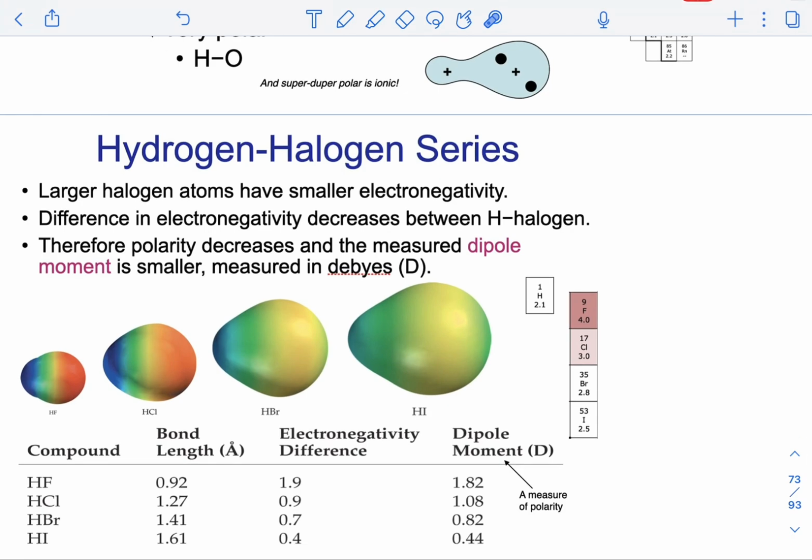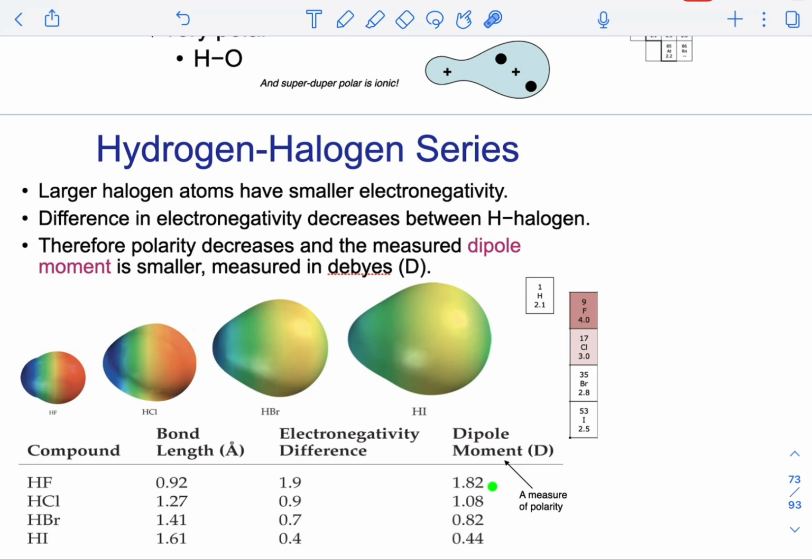So we'll talk about hydrogen halogen. Over here are the electronegativity values for hydrogen and all of the halogens. Hydrogen has a very low electronegativity value. It's 2.1. So you can see that the dipole moment, I've used that phrase quite a bit, has to do with the polarity.